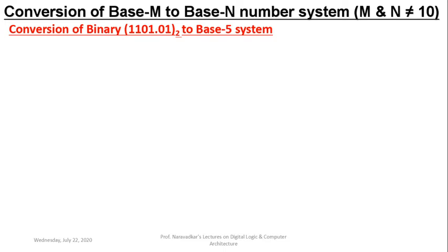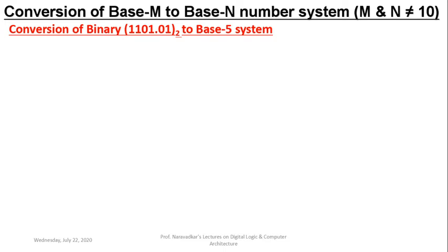It means that here M is equal to 2, that is binary, and N is equal to 5. This is the arbitrary base conversion, binary to base 5, which we will now carry out.